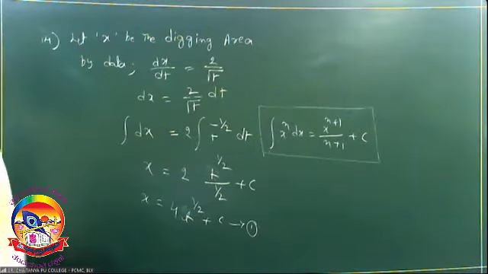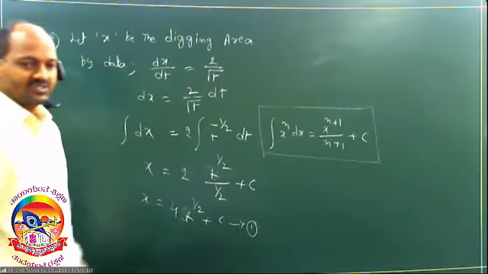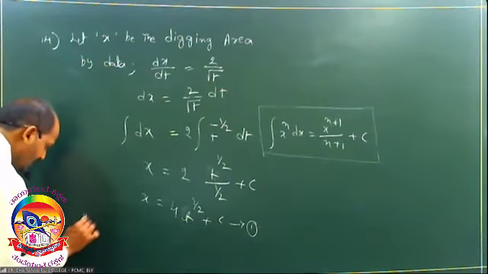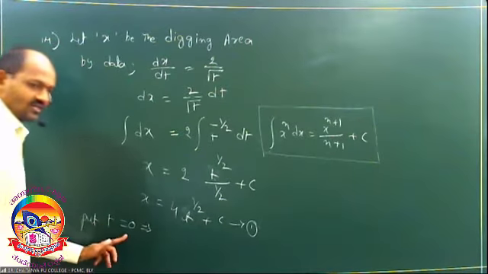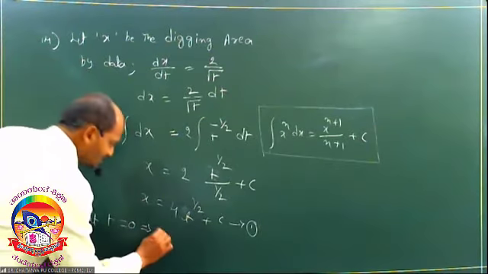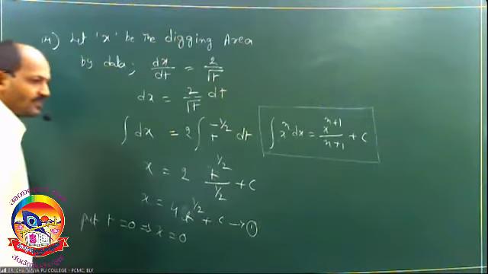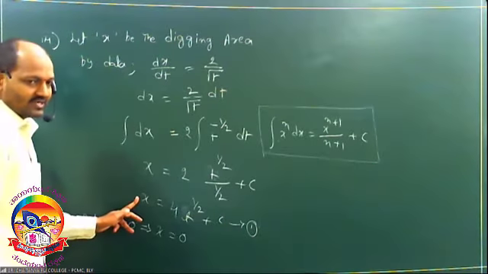Initially, that means the time is 0 and the digging area is also 0. So put t is equal to 0. That means at initial time the digging area x is also 0.